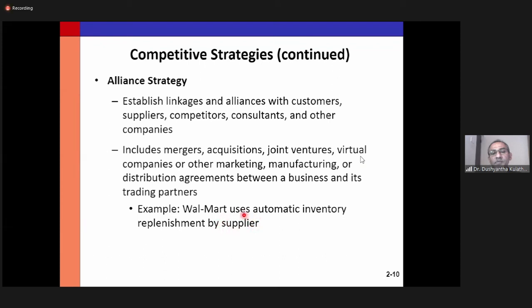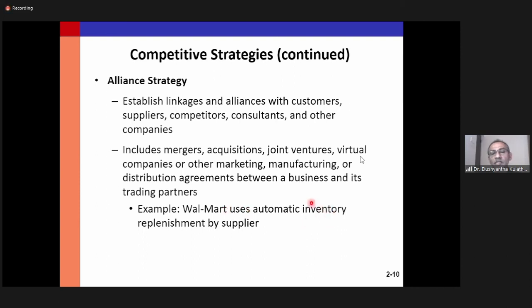Their procurement or purchase management systems are capable of placing an order with the relevant suppliers directly. When the inventory goes down, that is detected by Walmart's inventory management systems. And when the inventory reaches a reorder level, we place an order.